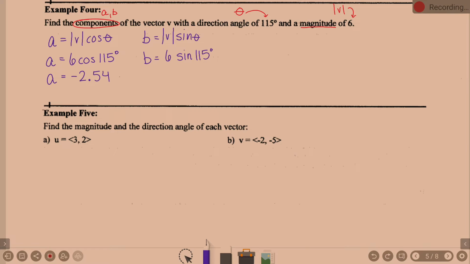I'm looking back at my notes to check. I have it 2 decimal places all throughout this entire example. Good. Okay, what about B? 5.4. 6 times the sine of 115 degrees should be, what do we say, 5.44?